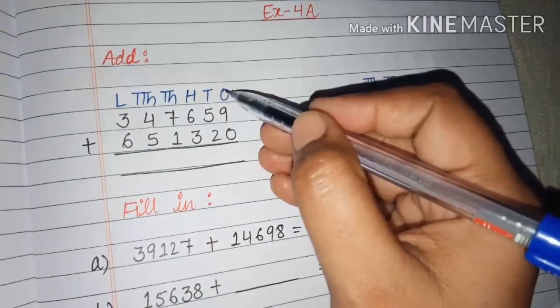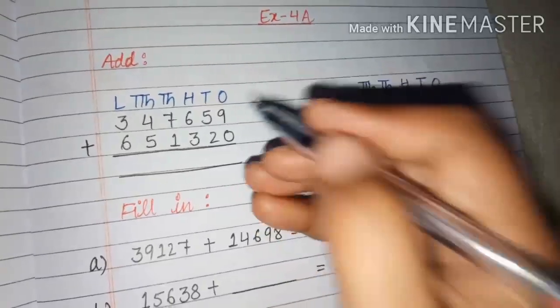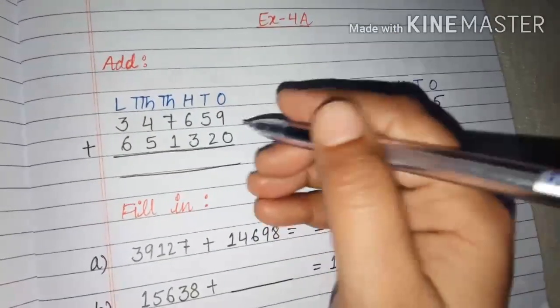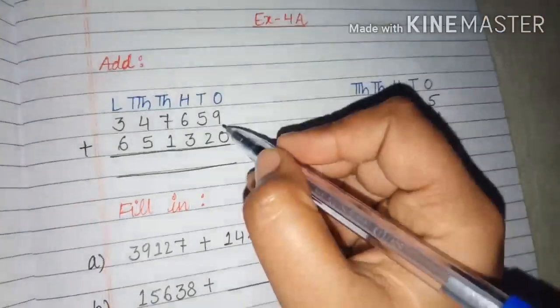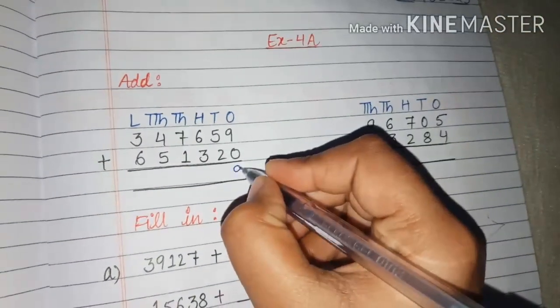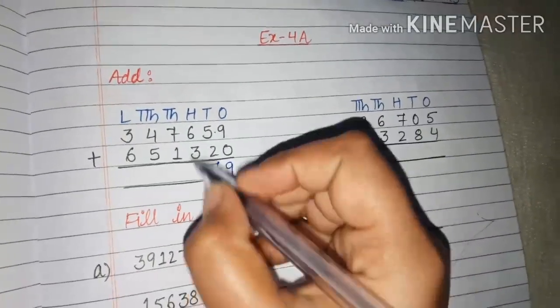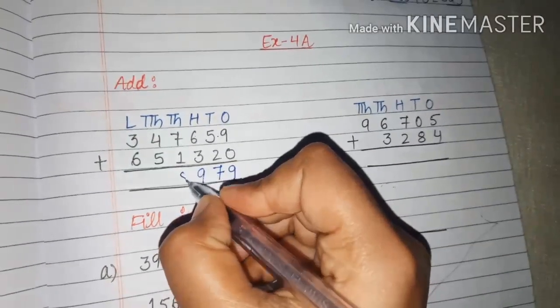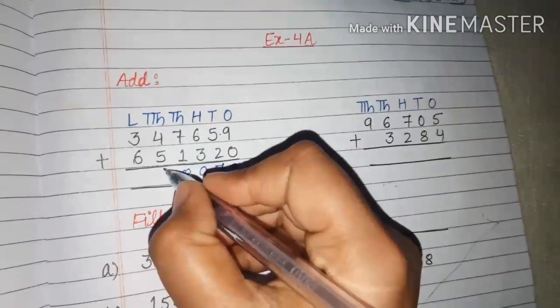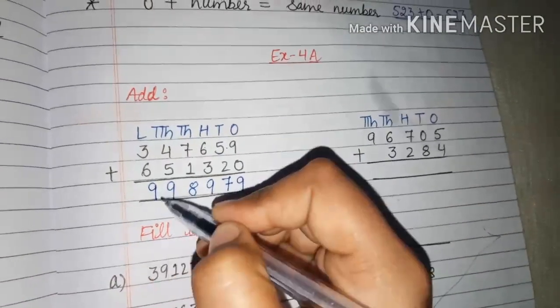In this question, in the ones digit we have 9 and 0, so we will add them first, because we always start with the ones digit while adding or subtracting any number. So 9 plus 0 is 9 only, 5 plus 2 is 7, 6 plus 3 is again 9, 7 plus 1 is 8, 4 plus 5 is 9, 3 plus 6 is 9.